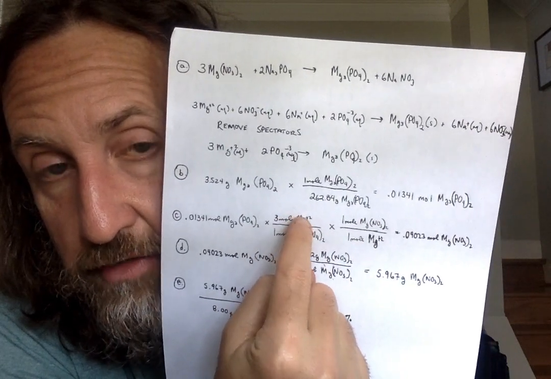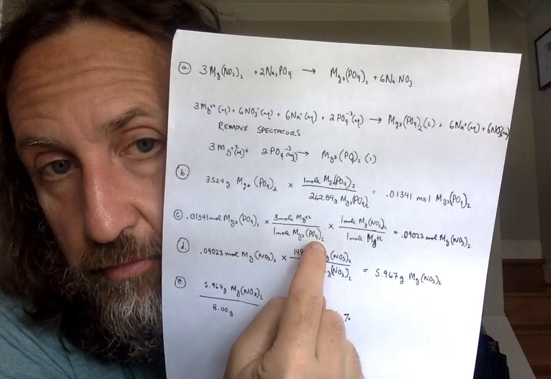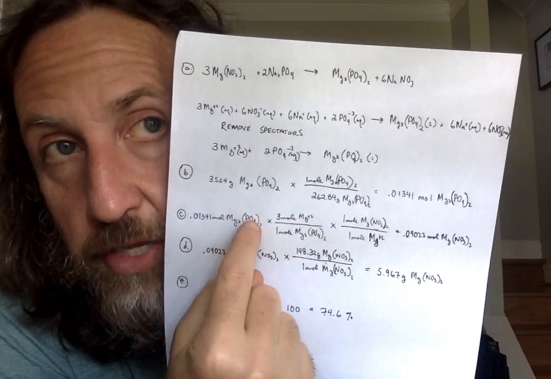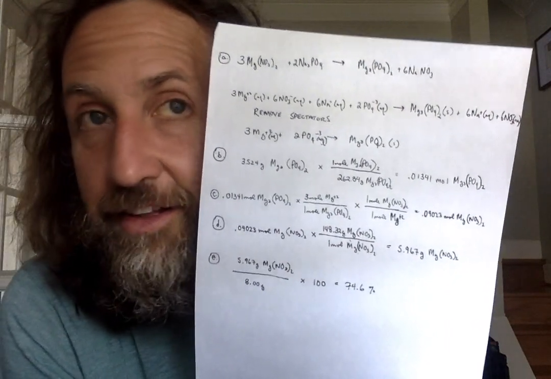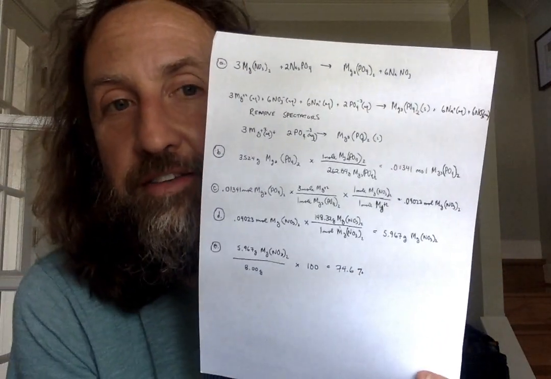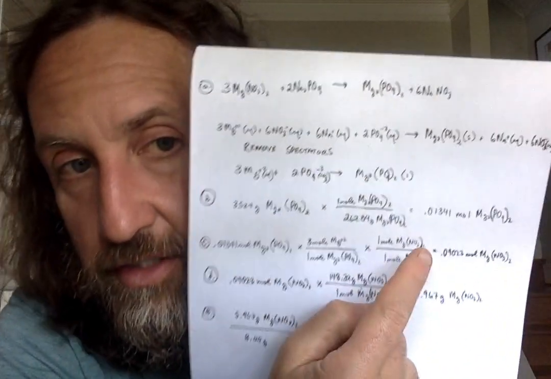So you see the magnesium crosses off with the magnesium, and the magnesium phosphate crosses off with the magnesium phosphate. It's not that hard, but I can see where it does take steps, and it's providing a lot of evidence here.